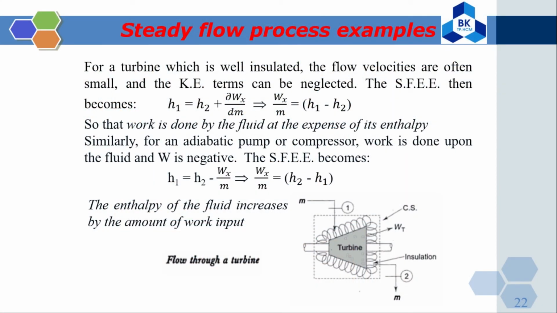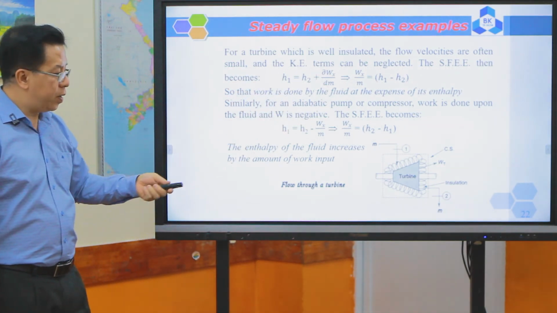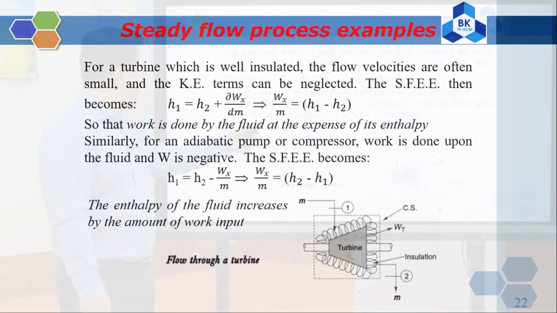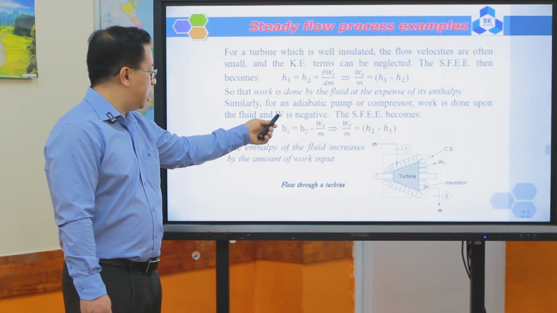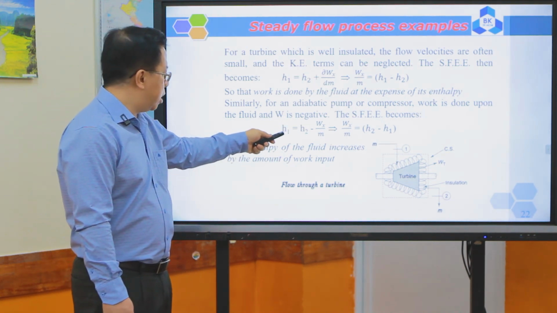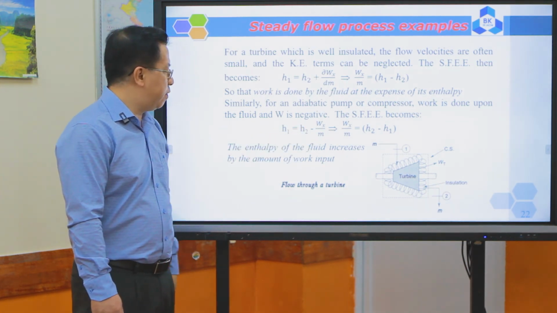Similarly, for an adiabatic pump, adiabatic means insulated. For the pump and compressor, the work is done on the fluid, and the W is negative. So in this case, we get H1 equal to H2 minus Wx divided by m.